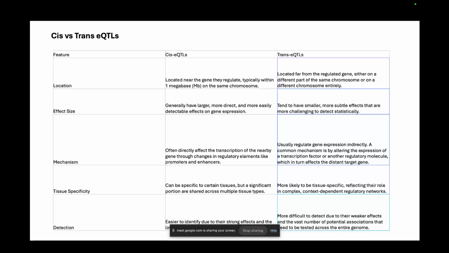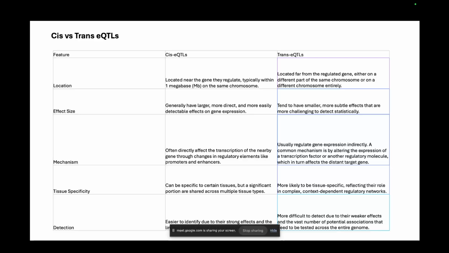So if the eQTL is present very near to the gene, it is much easier for it to regulate the gene expression. But if the gene and the variant are present far away, maybe on other chromosomes, it is harder to regulate, and they generally regulate the gene expression indirectly.